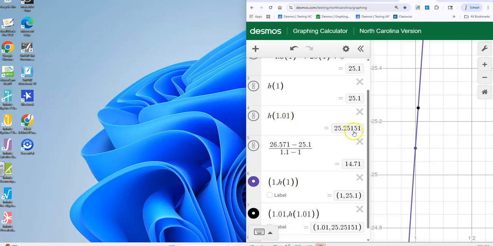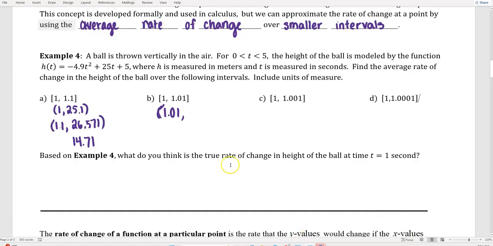is 25.25151. I think that was right. And then I'm not going to write down the other point because we're using the same point, 25.1, for all of these, right?